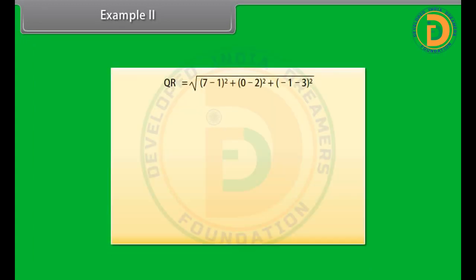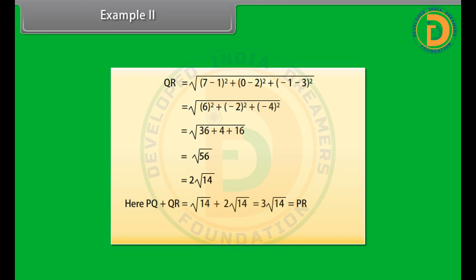QR is equal to square root of (7 minus 1) square plus (0 minus 2) square plus (-1 minus 3) square. After calculating QR, we get 2 into square root of 14. Here, PQ plus QR is equal to square root 14 plus 2 into square root 14, equal to 3 into square root 14, equal to PR.